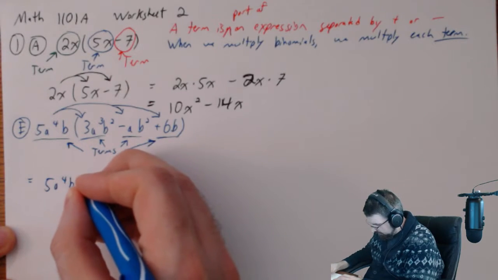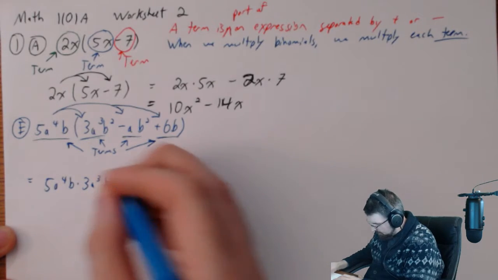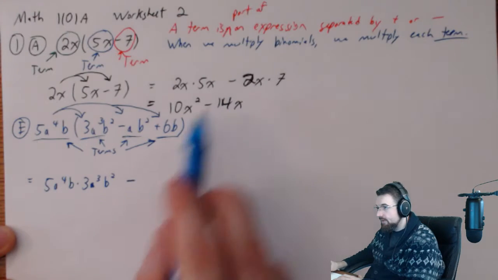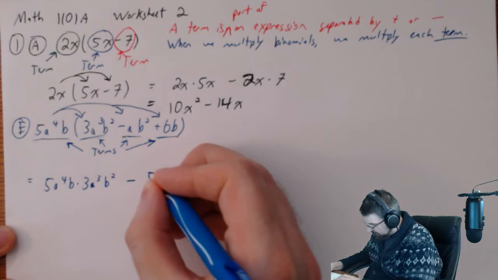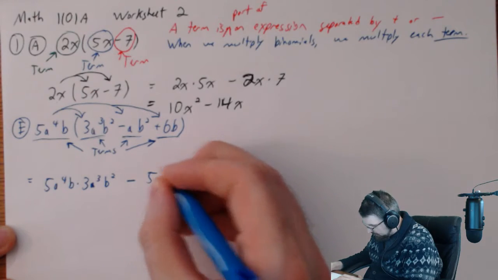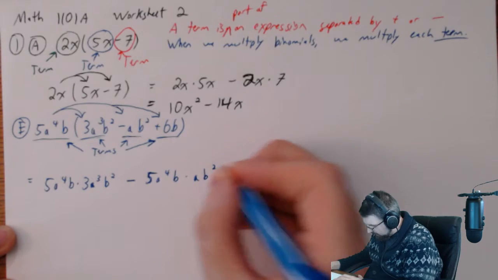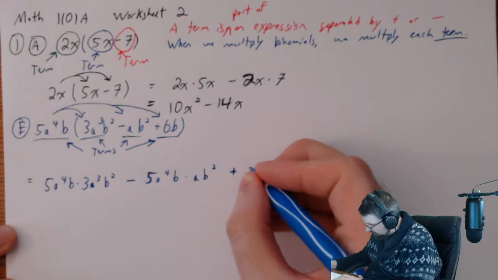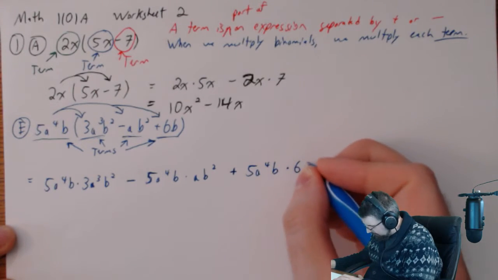5a to the 4 b times 3a cubed b squared. Now minus, because remember, just like up here, we keep the operation the same in between them. So I'm going to call this minus, and that's going to be 5a to the 4 b times ab squared, and then plus, because again we keep the operation the same, 5a to the 4 b times 6b.